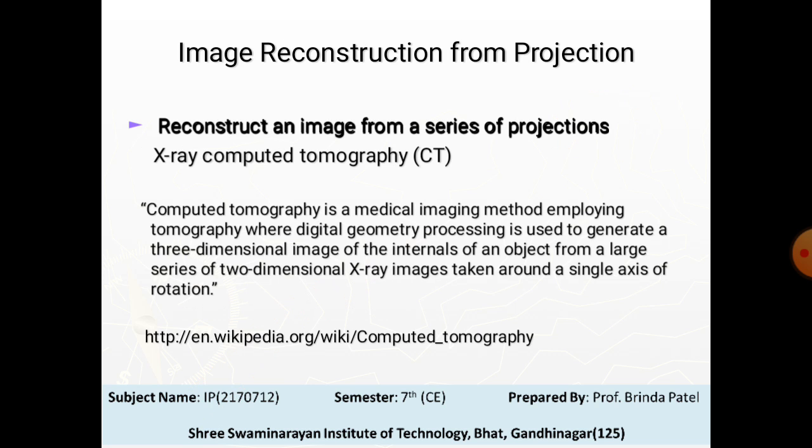Computed tomography is a medical imaging method employing tomography where digital geometry processing is used to generate a three-dimensional image of the internals of an object from a large series of two-dimensional X-ray images taken around a single axis of rotation.